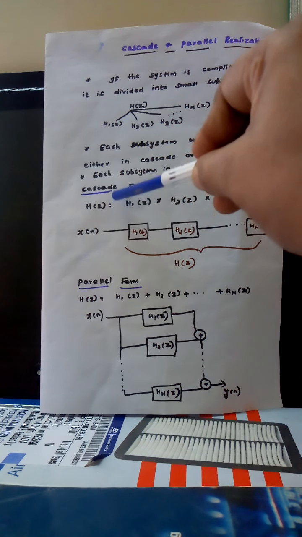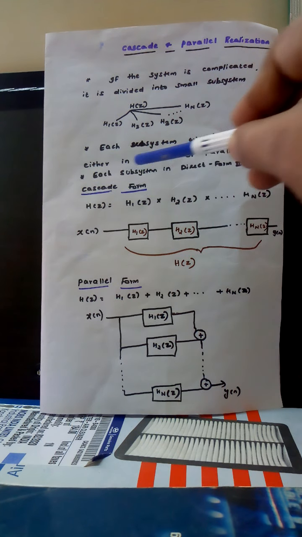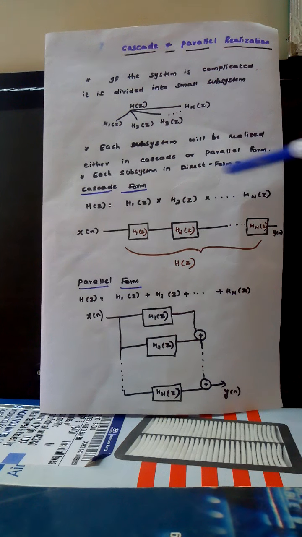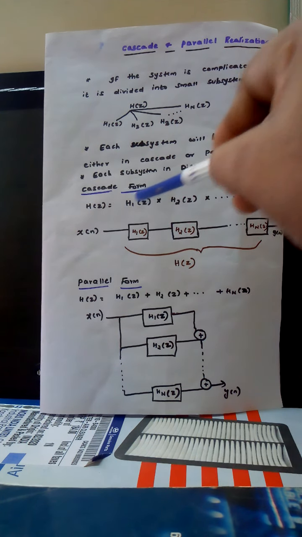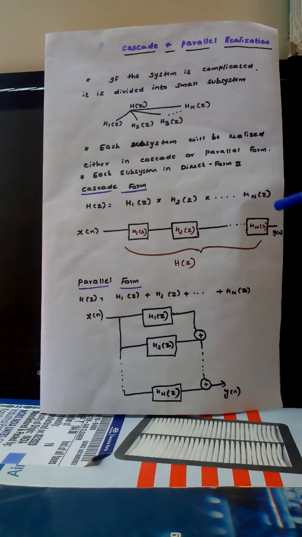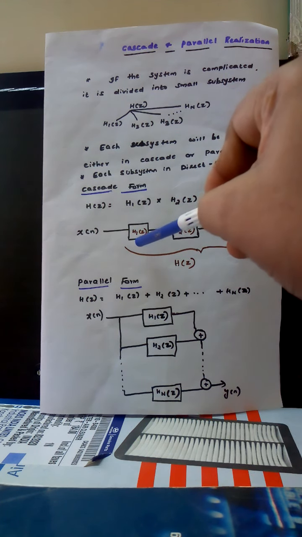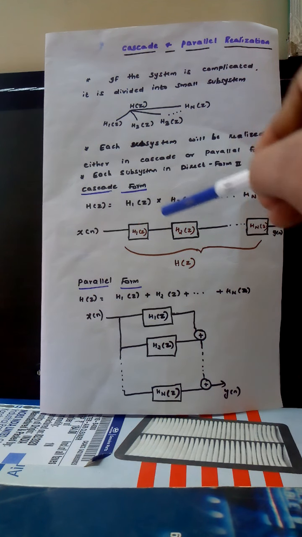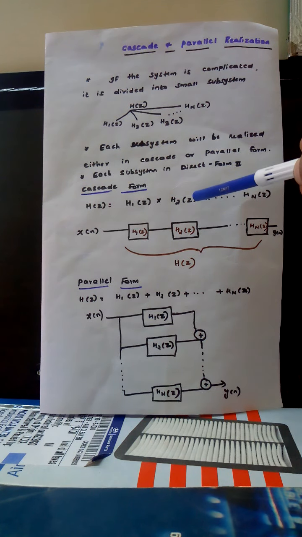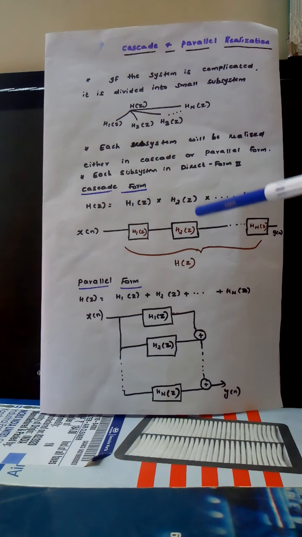In the cascade form, the h of z is a complicated system that is split into small subsystems, that is h1, h2 up to hn of z. We are just making the product of all the subsystems. So if we are drawing here, that is h1 of z, the complicated system is divided into subsystems and we are placing one system after the other.